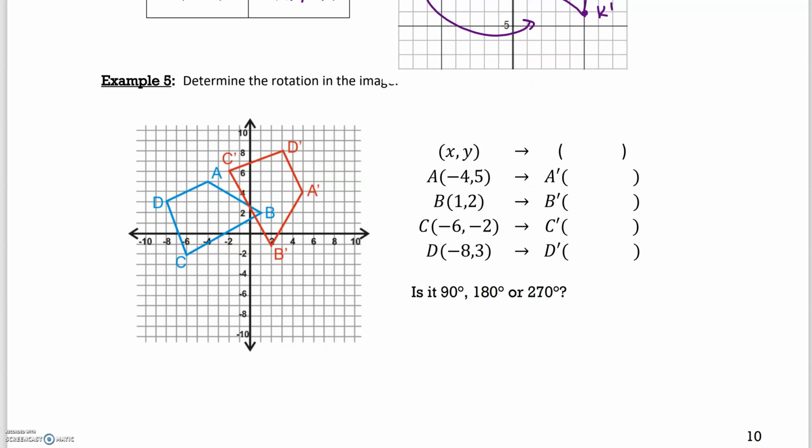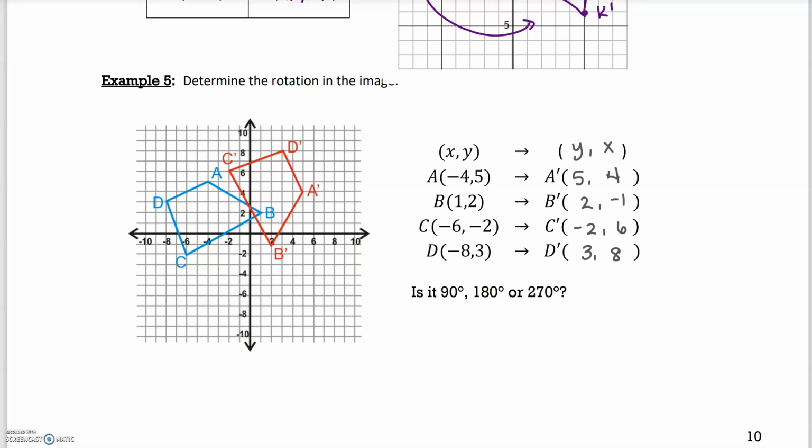So this one, go ahead and write out what are the coordinates of A prime, B prime, C prime, and D prime. And then we're going to take a look and see, well, what is our rule? What happened? And then figure out which rotation took place. So here are our coordinates. It looks like X and Y did switch places.